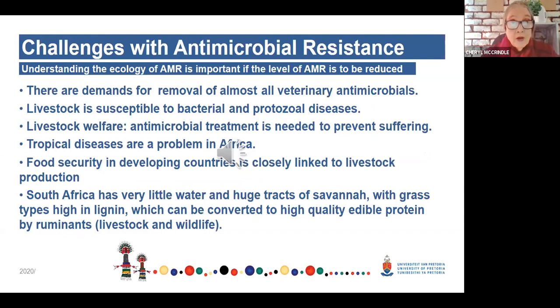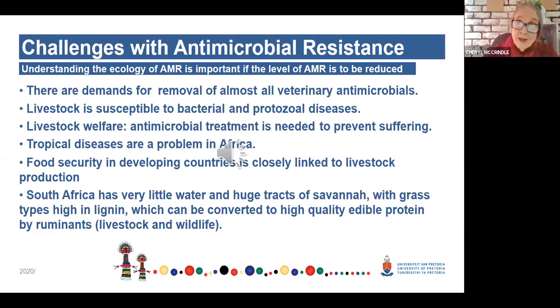However, there are challenges with antimicrobial resistance. For example, there are demands for the removal of almost all veterinary antimicrobials, and this can impact on livestock welfare, because livestock in Africa is susceptible to bacterial and protozoal diseases that can only be treated with antimicrobials.